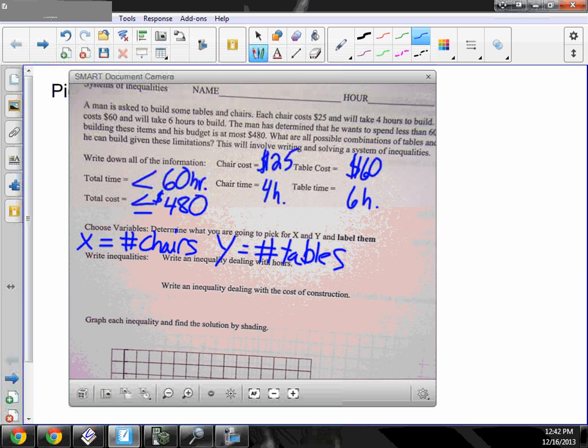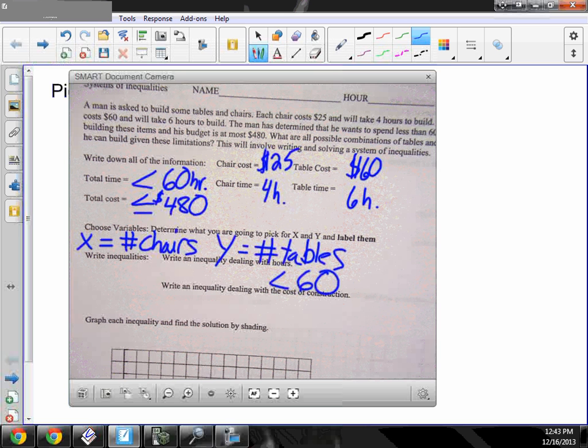Okay. So write an inequality dealing with hours. I know that he's going to have less than 60 hours. How many hours is he going to spend building chairs? Four hours per chair, but how many chairs is he going to build?